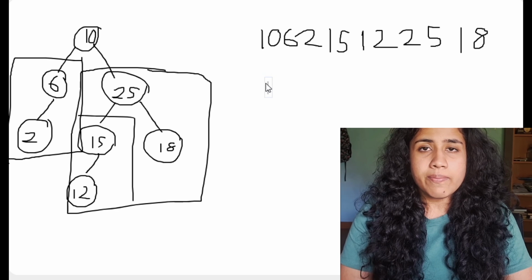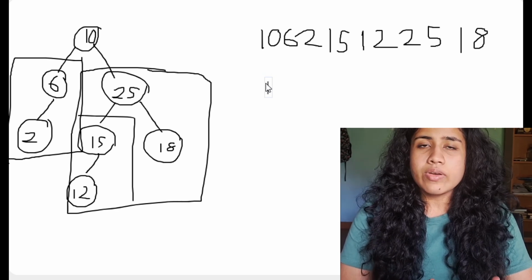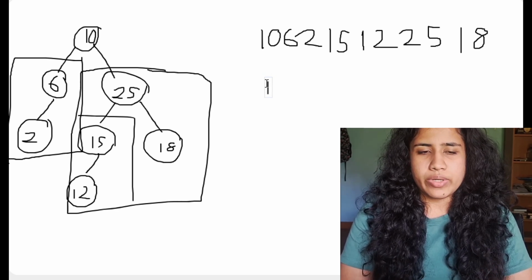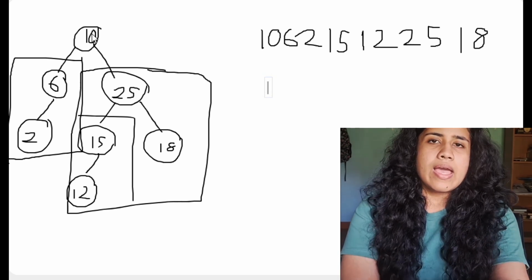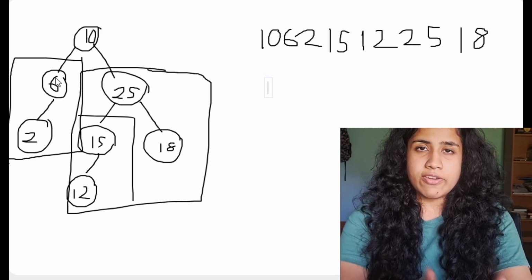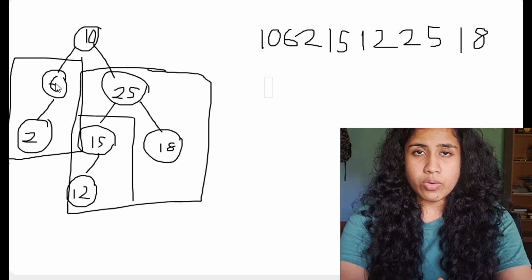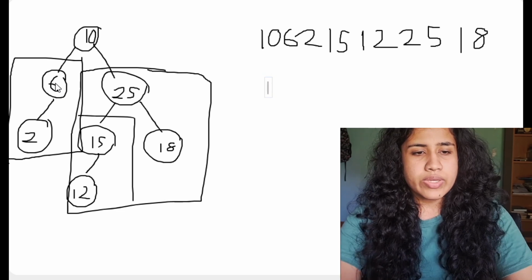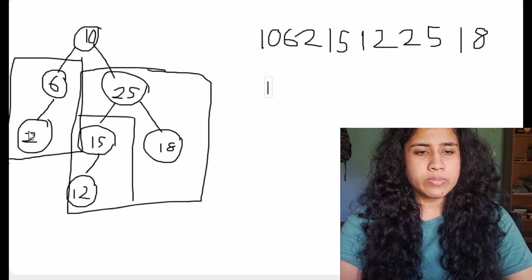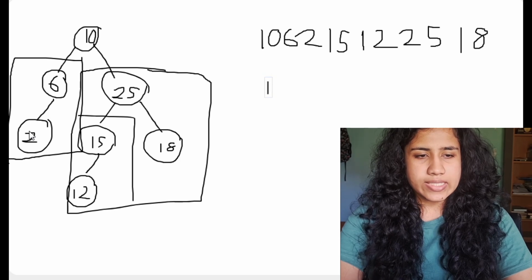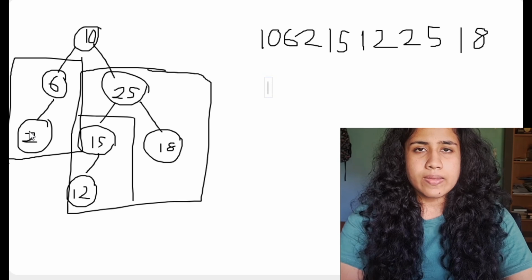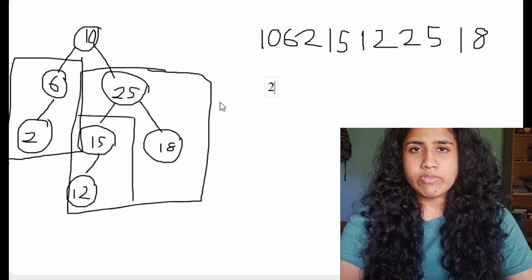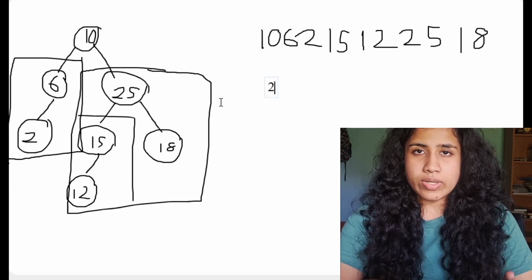Now we will write the in-order traversal. In-order traversal gives us the sorted order. As I mentioned before, in-order means left child, then the root node, and then the right child. So if we start from 10, the left child is 6, but 6 has a child, so it goes to the next level, which means 2, and then we check whether the node has a child.